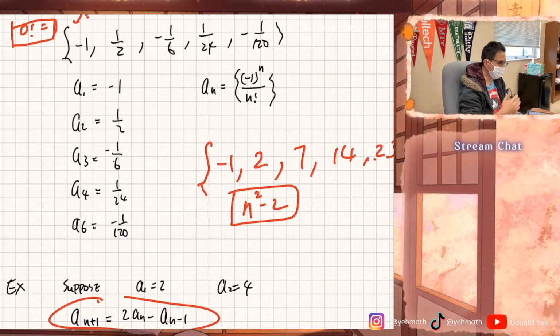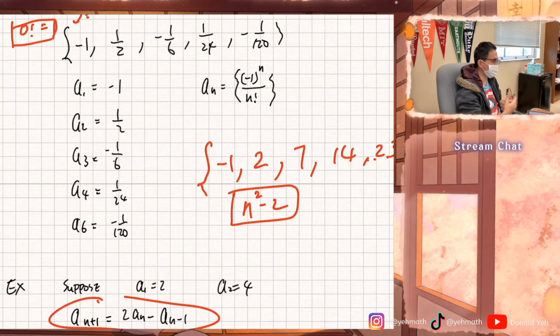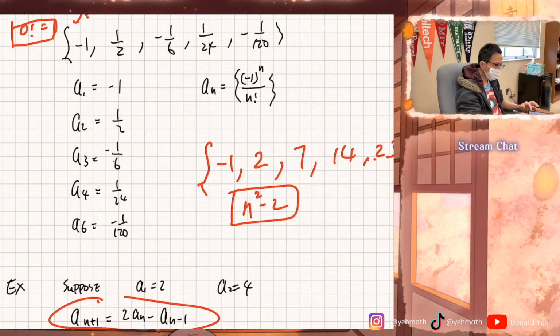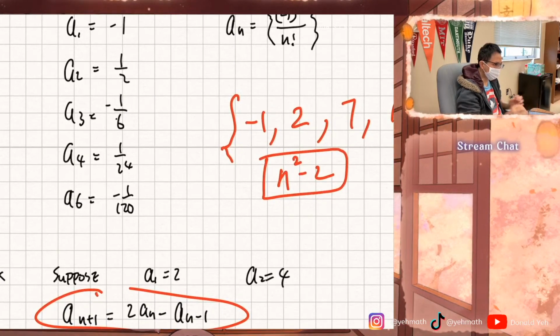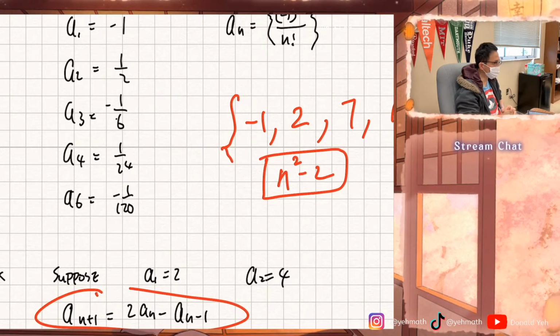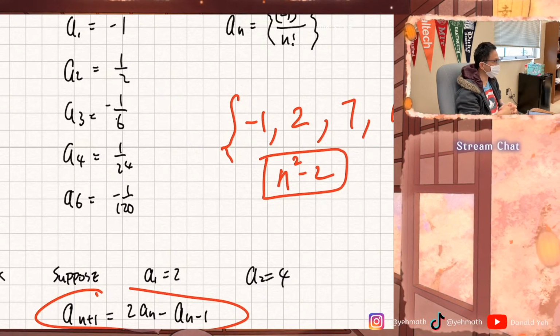This is the formula I'm giving to you, just like before, where I gave you a formula first.